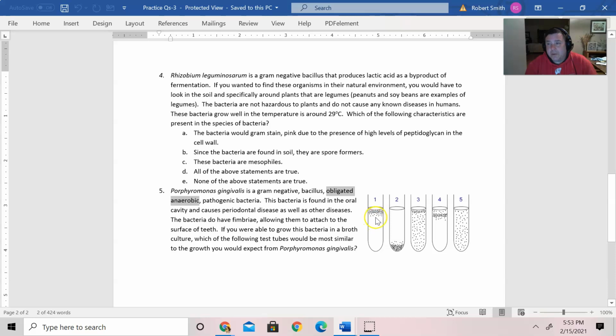Number 1 would be if you had an obligate aerobe, where the bacteria are growing specifically at the top. Number 3 would be a facultative anaerobe. And number 5 right here would be a microaerophile, not that you have to know what that one is. So these tubes over here all get eliminated.